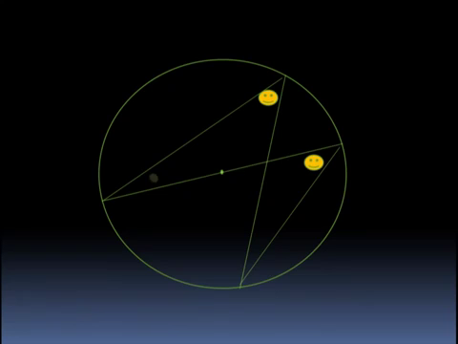So those two are equal. Those two are equal. If I draw a chord here, then this segment down here, these two angles down in the same segment will be equal.